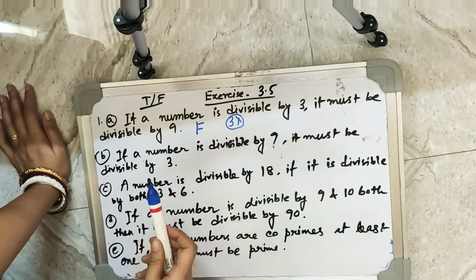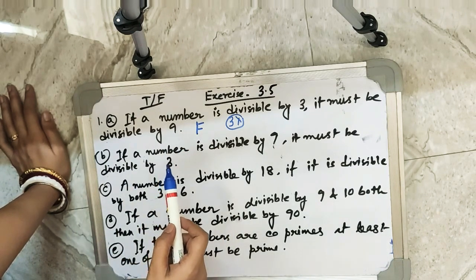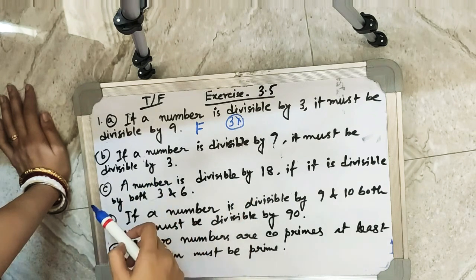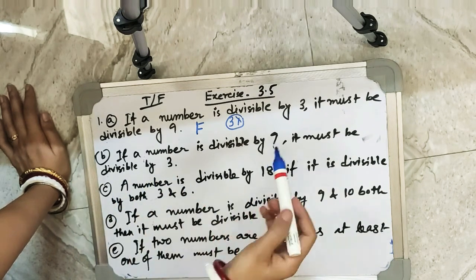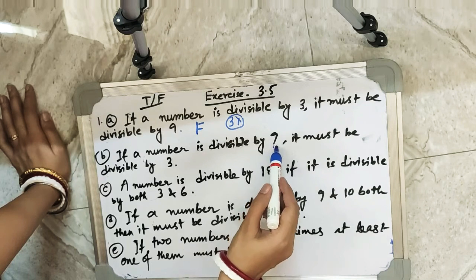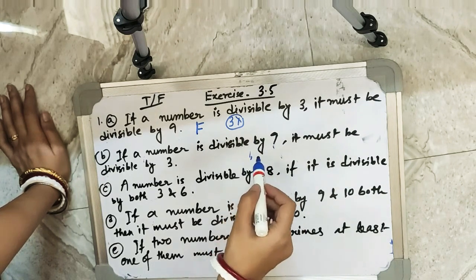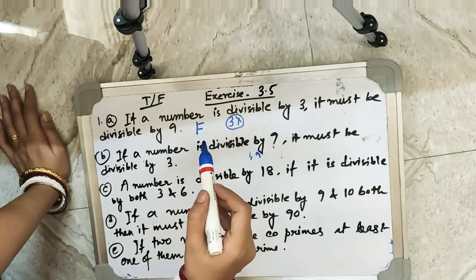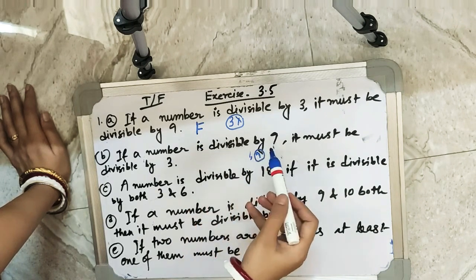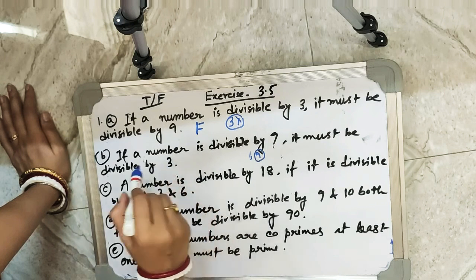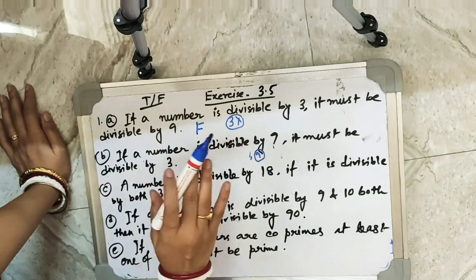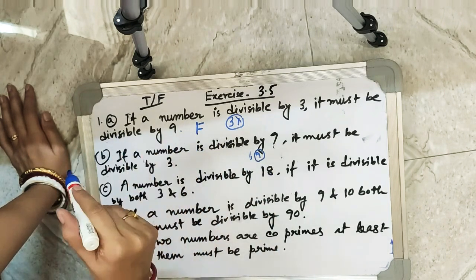In the second statement it is given, if a number is divisible by 9, then it must be divisible by 3. Definitely the smallest factor of 9 is 1, and after that 9. 9 is divisible by 3. So all the numbers which are divisible by 9 must be divisible by 3.